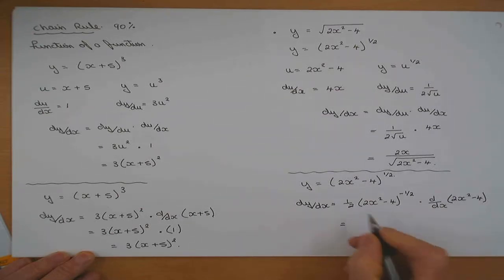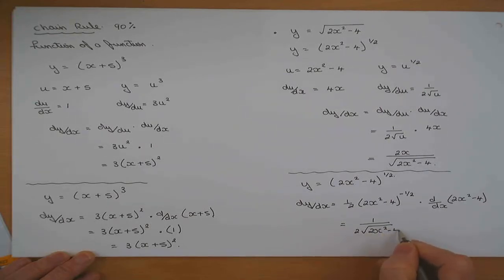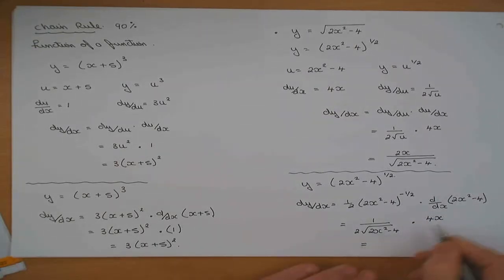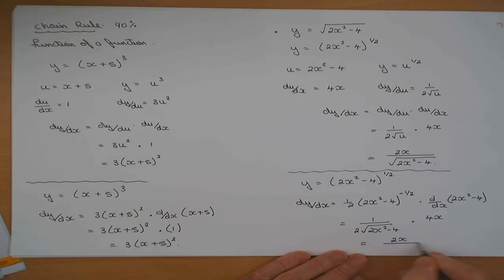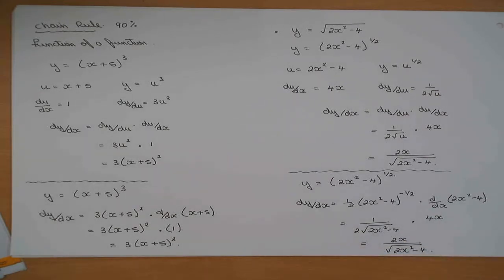A half, that to the minus a half is 1 over twice the square root of 2x squared minus 4. To the minus a half means 1 over, times the derivative of that, 4x. So 2 will go into that, 2x all over the square root of 2x squared minus 4.